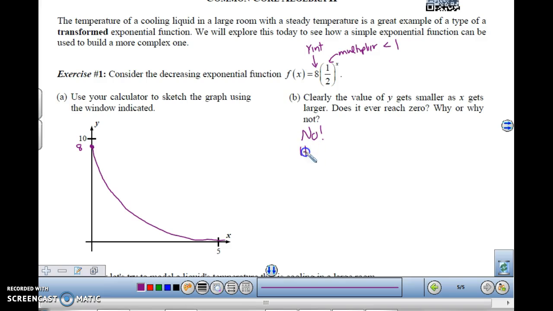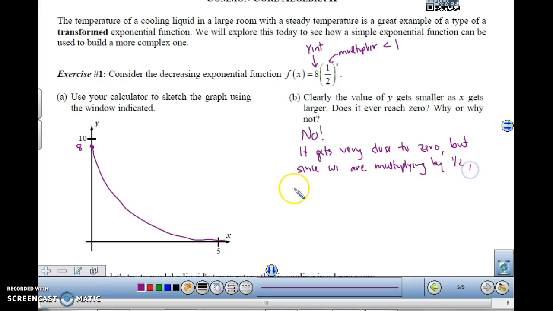So it gets very close to 0, but since we're multiplying by 1/2, there is always 1/2 remaining.